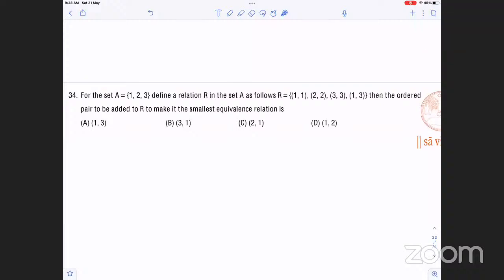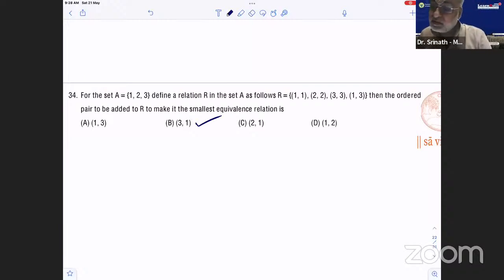Then the ordered pair to be added so that it becomes an equivalence relation, that's what the answer is, this (3, 1) only. If you add (3, 1), it becomes reflexive, symmetric, and transitive. The answer is this B.